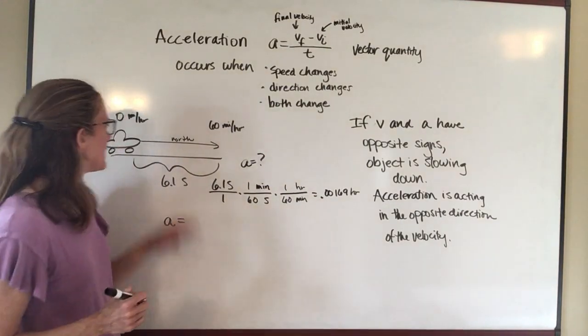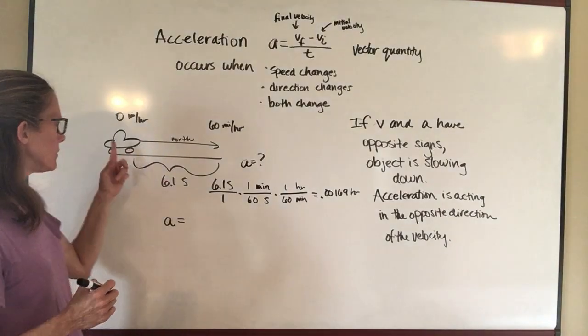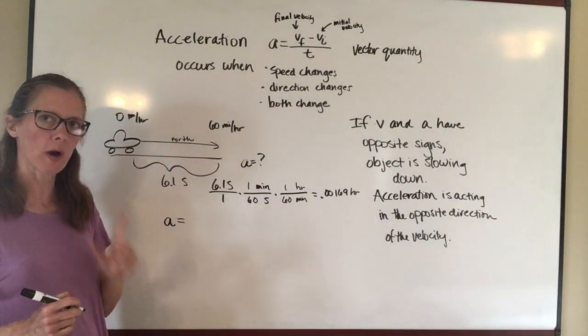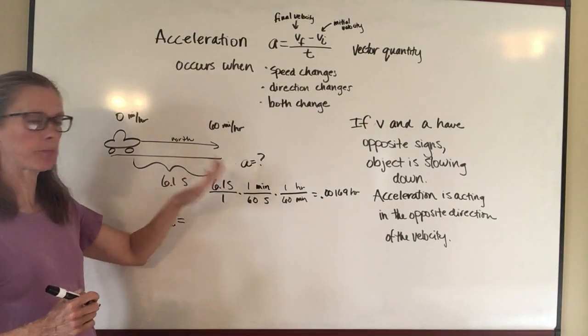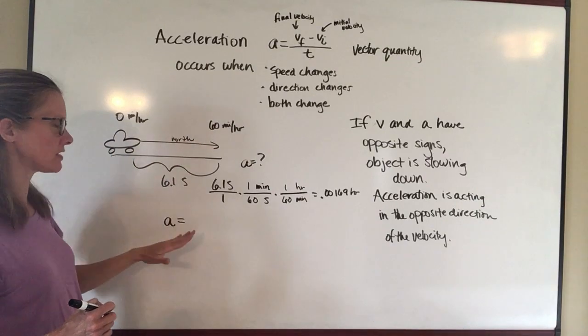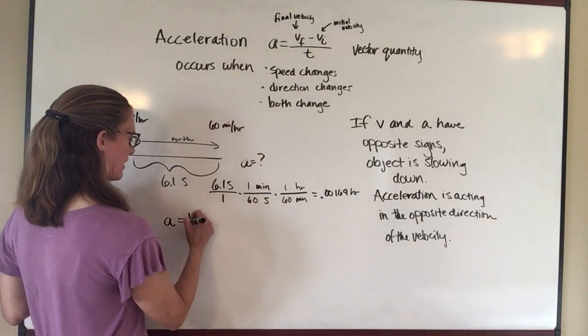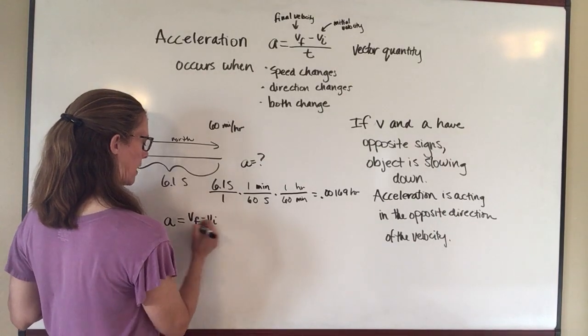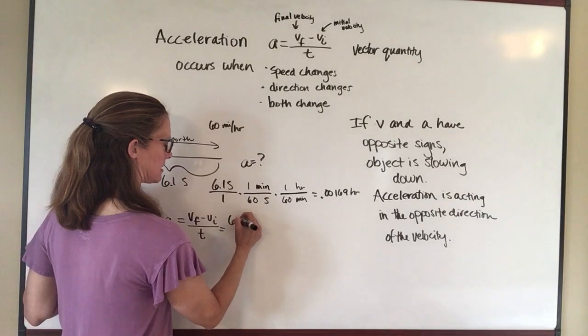So if both of my velocities are positive, the car is speeding up, what should be the sign on my acceleration? Well, yeah, it should be positive, because if it's speeding up and this is positive, then the acceleration should also be positive. So let's see. If I have v sub f minus v sub i over t, my final velocity is 60 miles per hour.